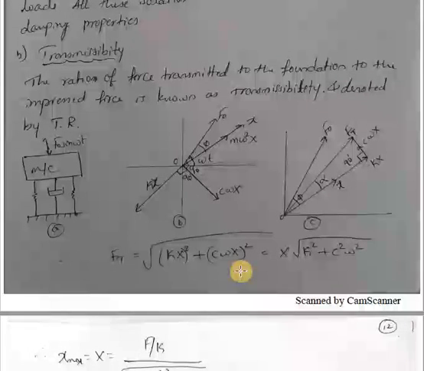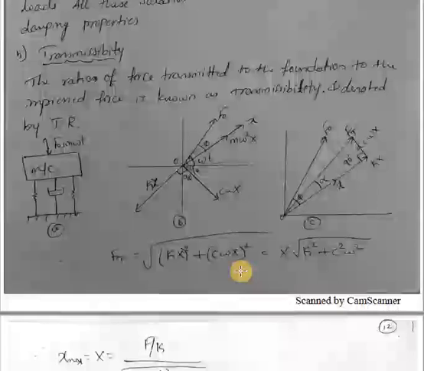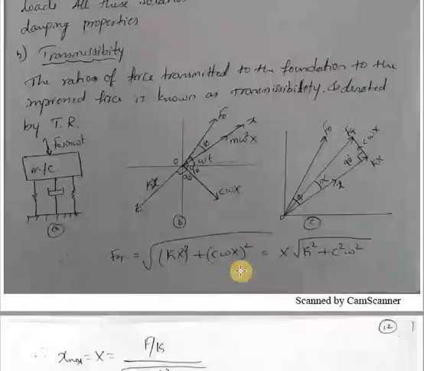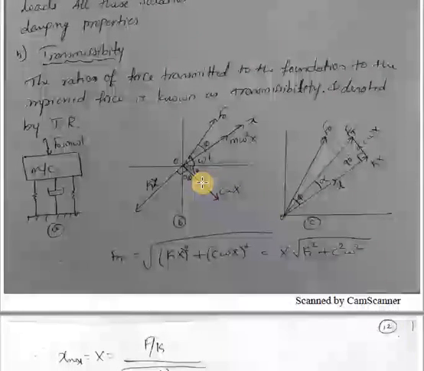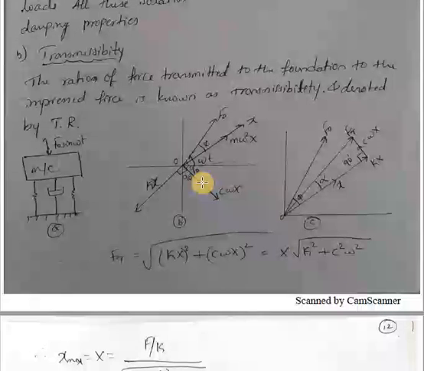The vector diagram for this shows the forces acting on the mass under steady state condition. Out of these four forces, only the spring force kx and the damping force c omega x act on the mass as well as on the foundation.